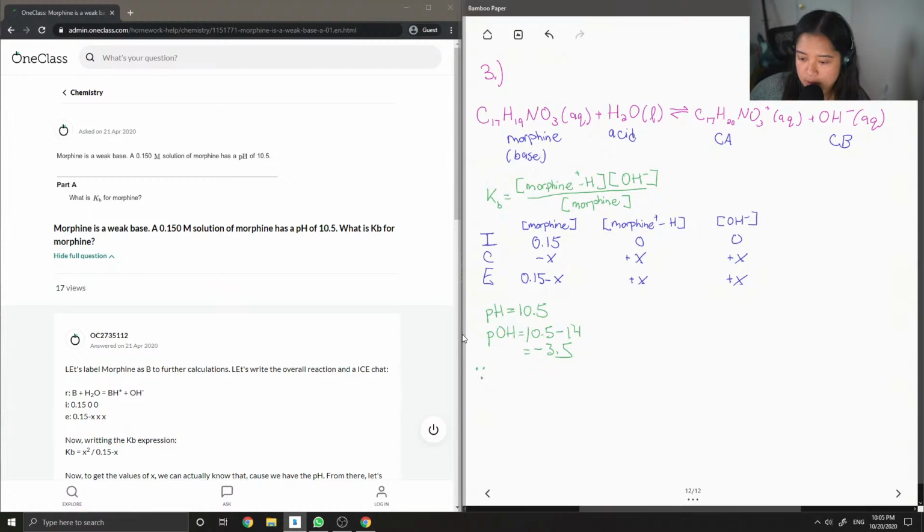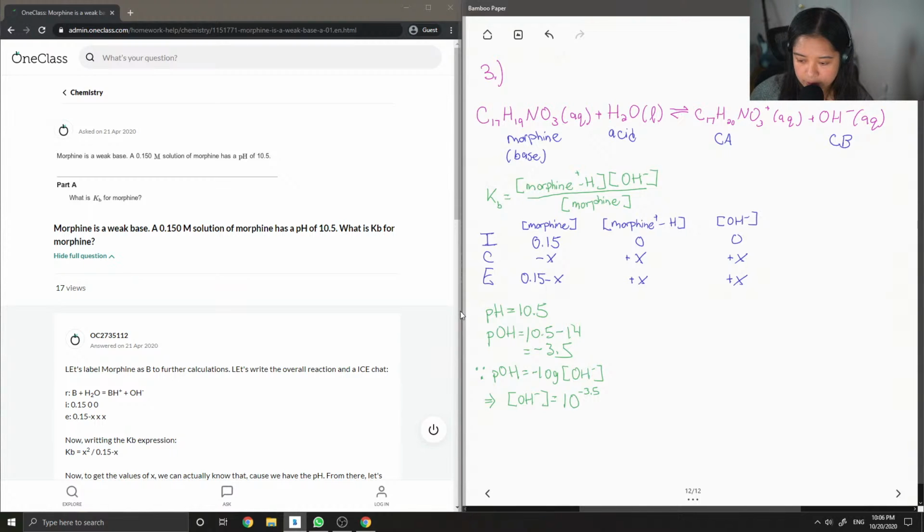Since pOH is equal to negative log of the concentration of OH, therefore, we can say that the concentration of OH is equal to 10 to the negative 3.5.